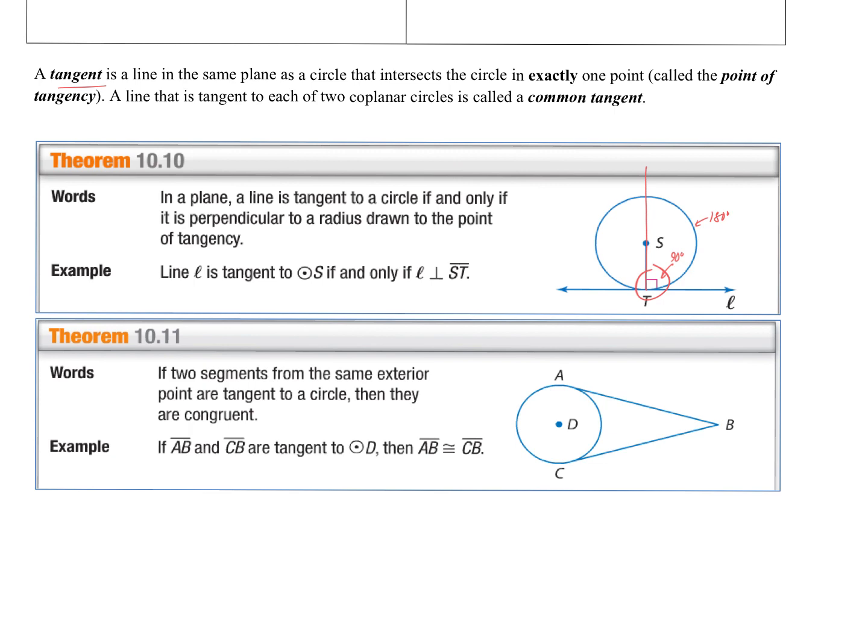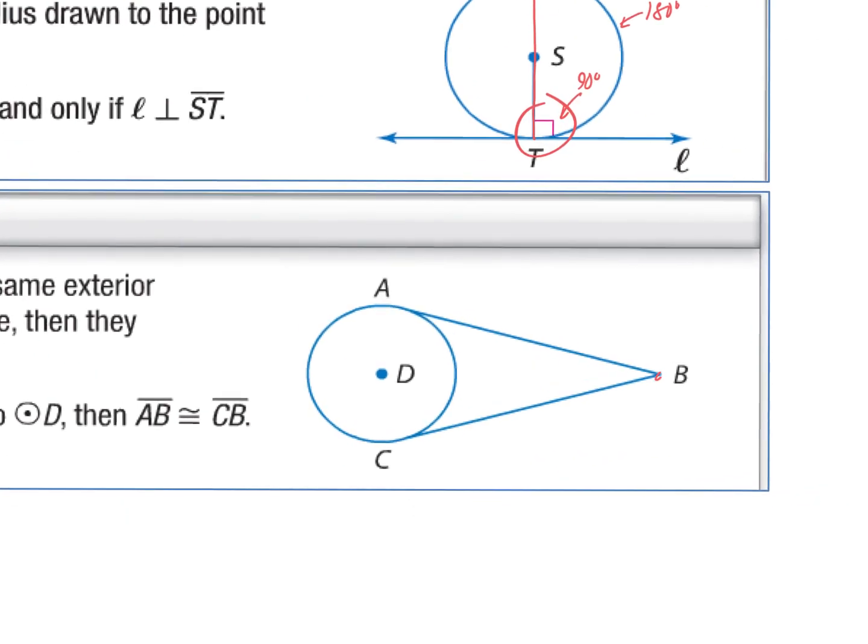And the other thing about tangents is that if you have a point outside the circle and you draw the tangent to the two places that could possibly be tangent to the circle from the same point B, those things have to be equal. That's not really that hard to prove. Imagine drawing a radius there and a radius there. These have to be 90. And we could draw this in here. We have a nice little kite going on.